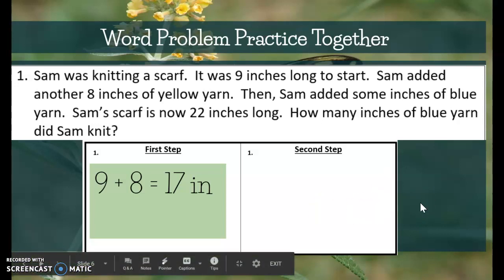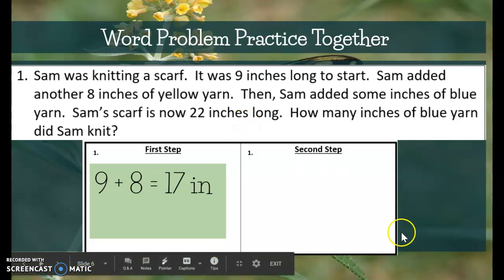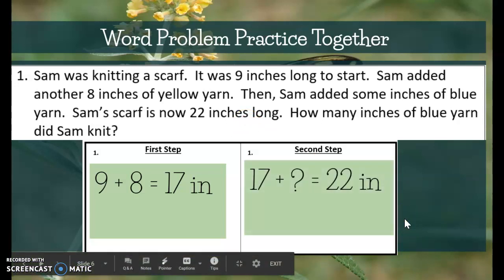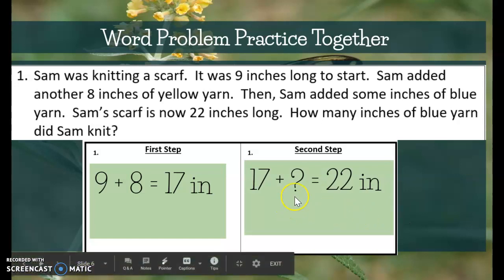So far, he has 17, and what we want to find out is how many inches of blue yarn he knitted. Sam added some inches of blue, but we don't know how many, and then he ended up with a total of 22. So our second step looks something like this. We knew he had 17, and then he added more blue yarn.